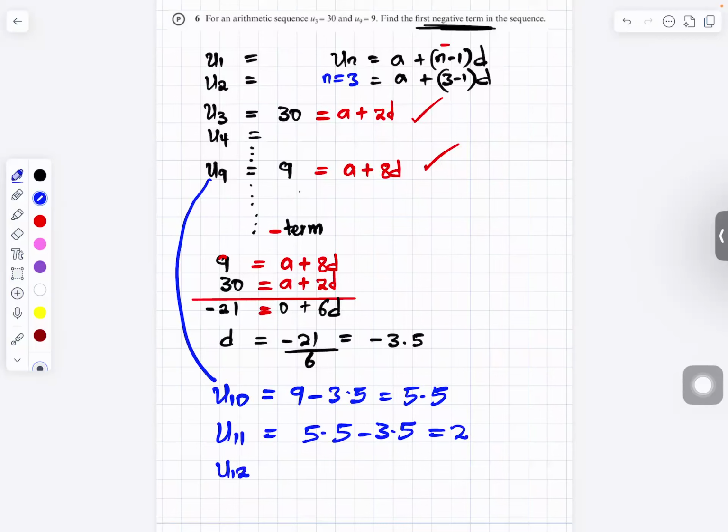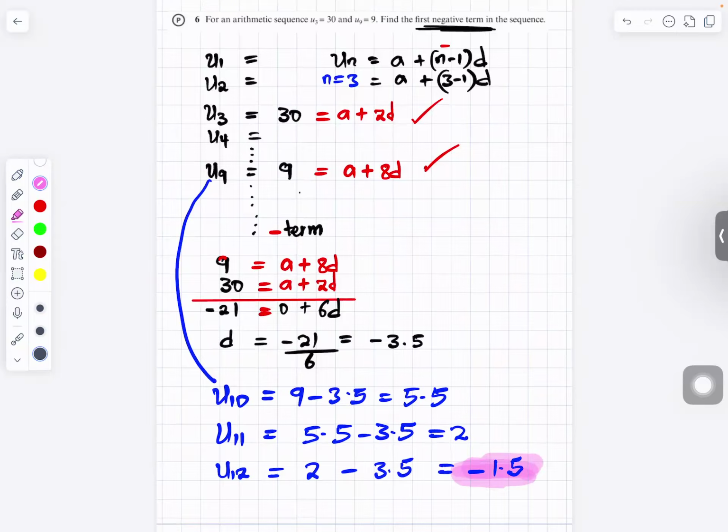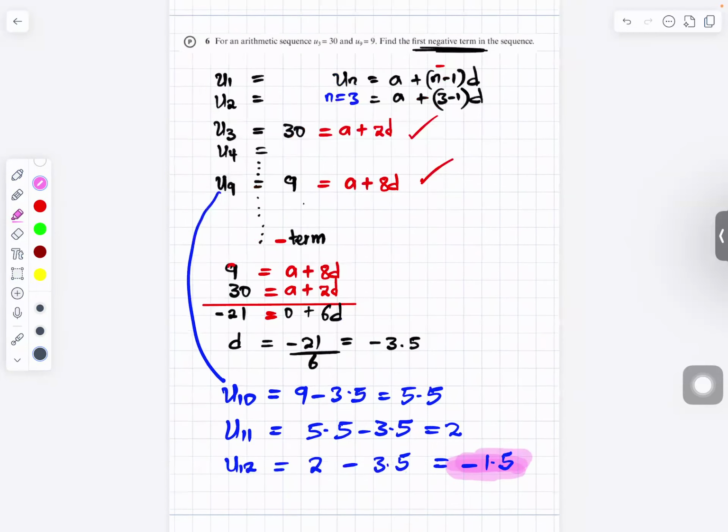And then U12 would be 2 minus 3.5, which will be minus 1.5. And this is the first one that is negative. So it says, find the first negative term. So the first negative term is minus 1.5.